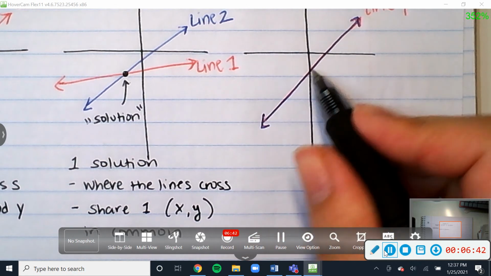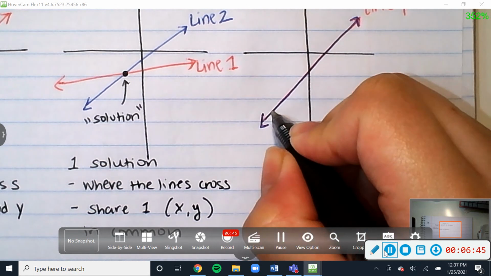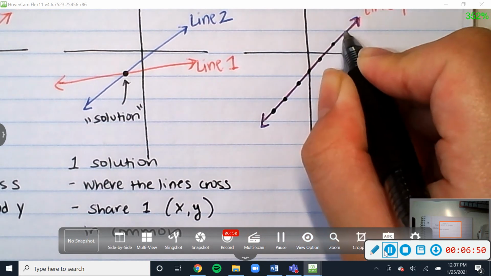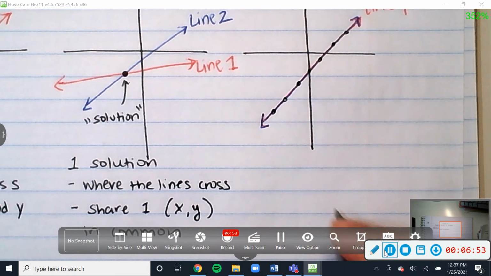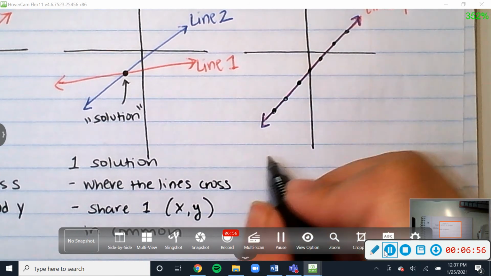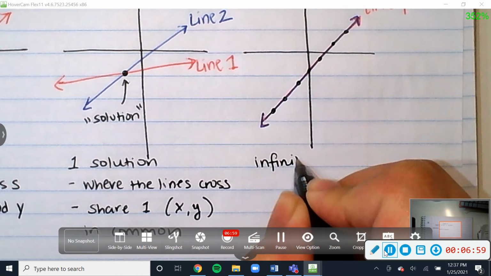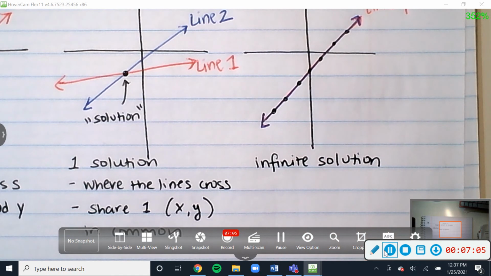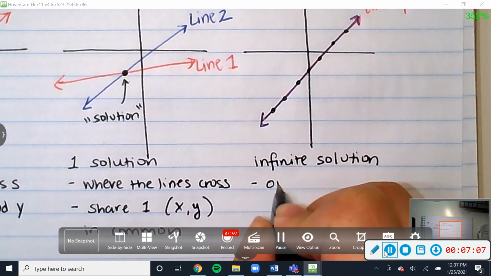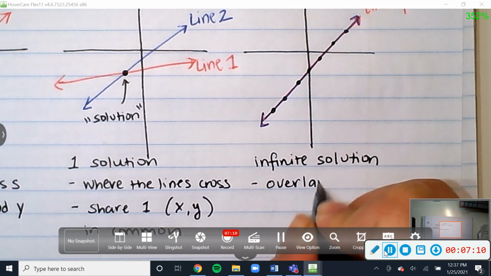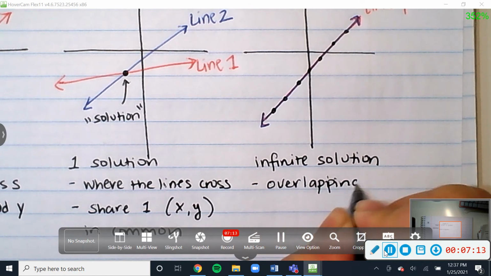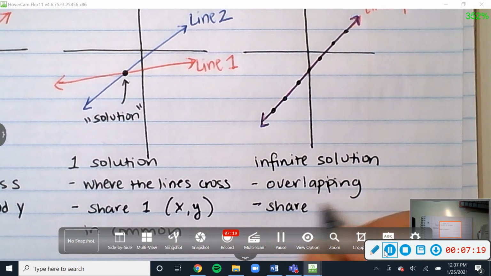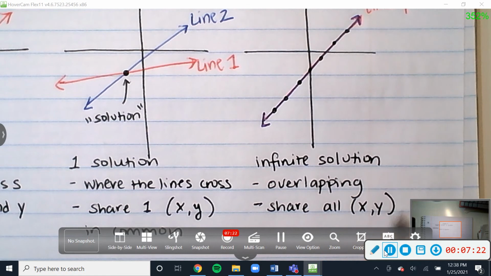Because they're stacked right on top of each other, that means that they are sharing every single point in common with each other. If they are sharing all of the points in common, that means that there are infinite solutions. So many that we can't even count, because every single point is in common. So you can think about it as overlapping, or you can also think of it as they share all the points together. So they share all of the same x and y values.